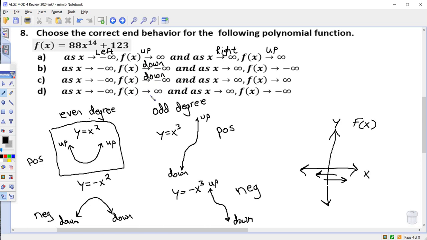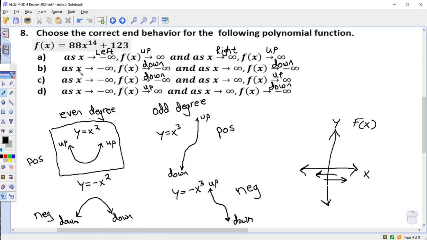As we're going to the left, y is going up to positive infinity. And let's look at these. All of these are saying, as x is going to the right, what happens on the right end of the graph. As x goes to positive infinity, y is going down to negative infinity. Here it's saying y is going up to positive infinity, and here it's saying y is going down, negative infinity.